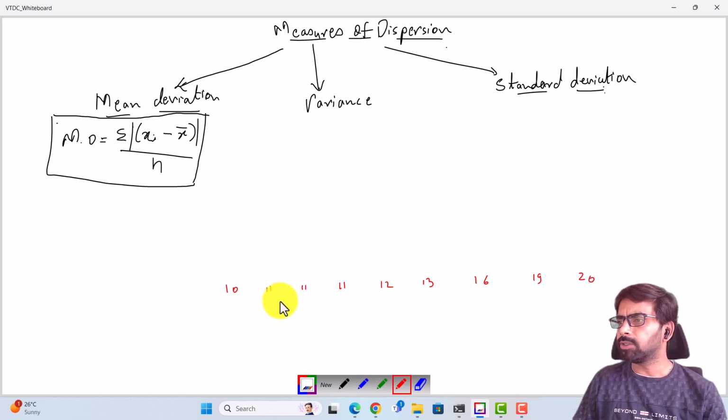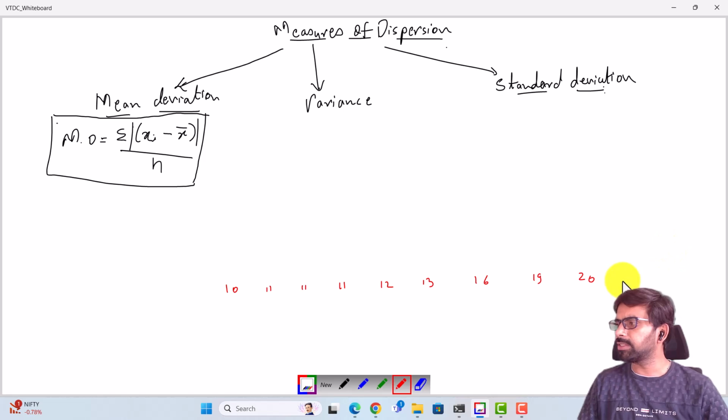So 10, this is 33 plus 10, 43 plus 25 makes it 68, right? 68 plus 16 will be 78, 84, 103, and the 20 is going to give me 123, and 123 on 9 quantities.